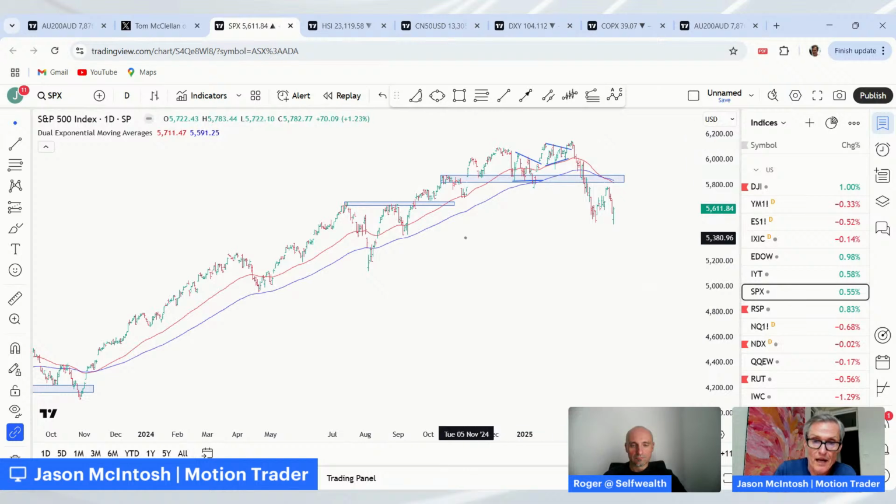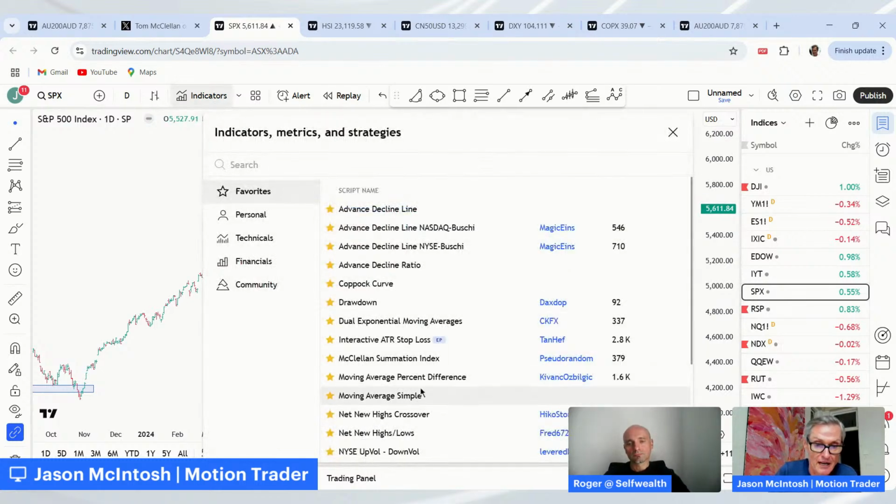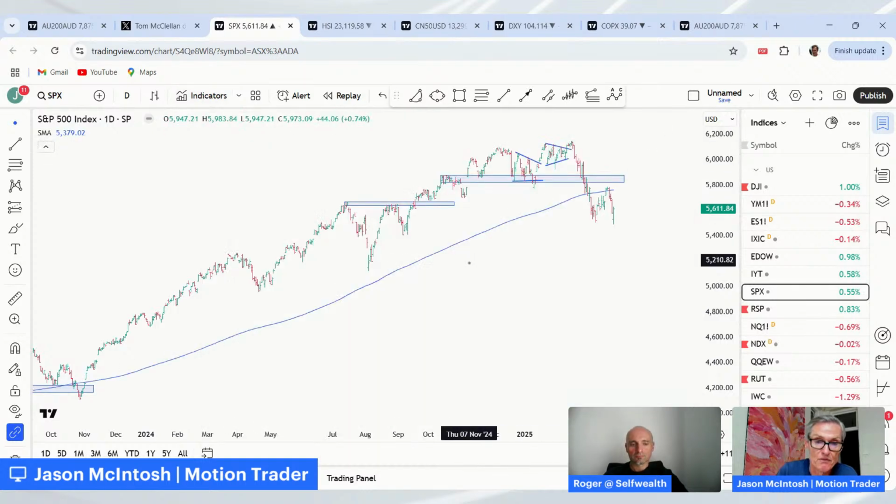One thing I want to have a look at: we've got the 50 and the 100-day moving averages. That's what I'm normally looking at, but I'm just going to take them off. And this is something I showed viewers of my strategy session last Friday, which I think is interesting to go through and have a look at here. So I'm going to put on a 200-day simple moving average.